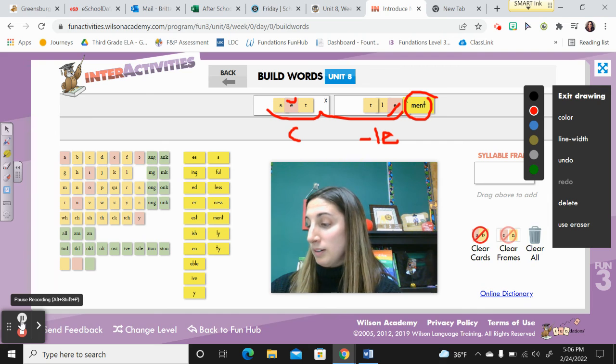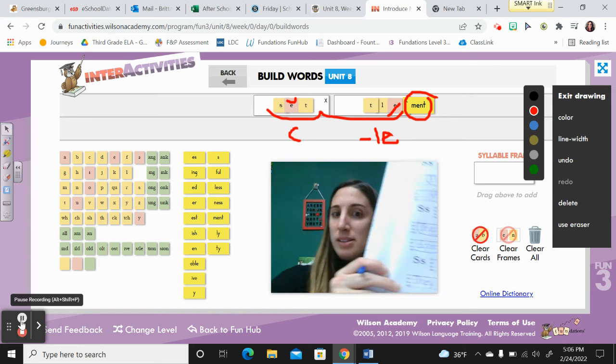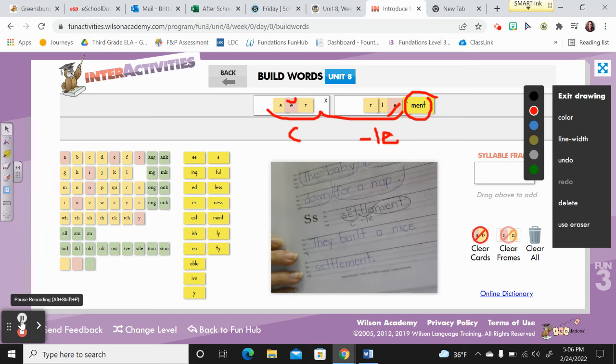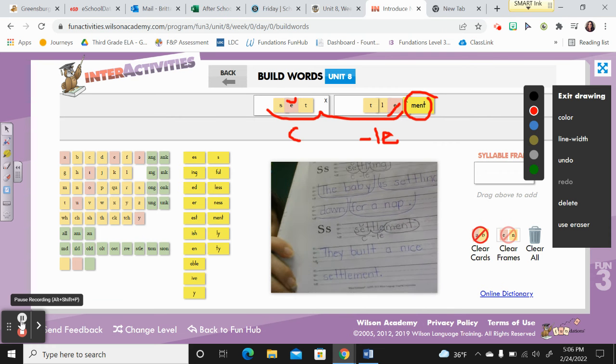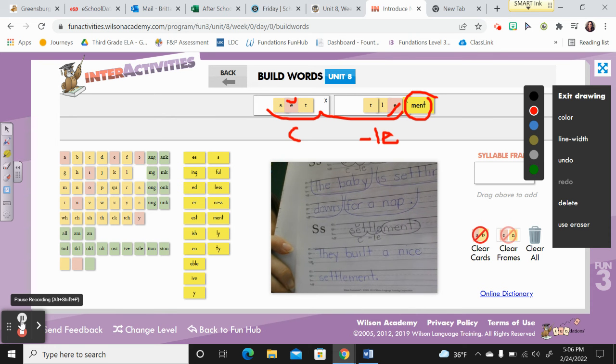And remember, don't drop that E. Okay, here's help with built. I don't know if that's in your dictionary. It could be in your dictionary, but they built, B-U-I-L-T. It's the same spelling as build, but with a T. They built a nice settlement.